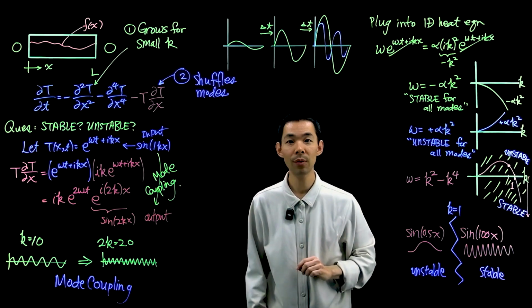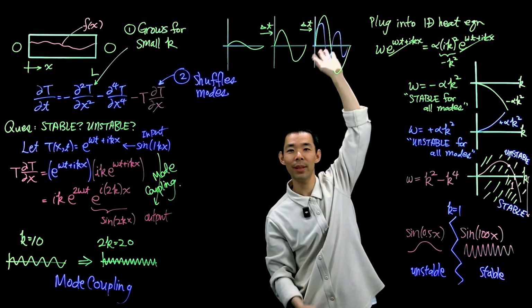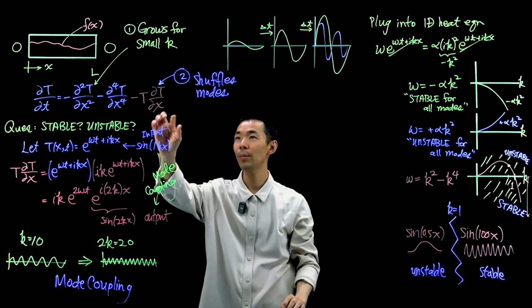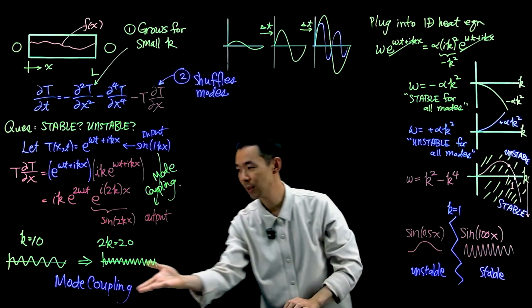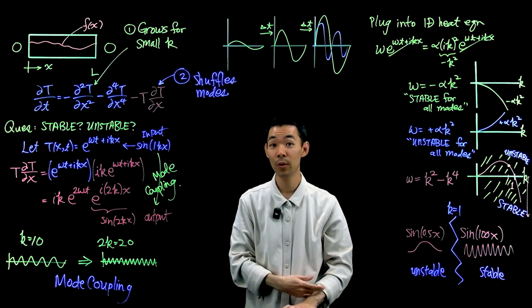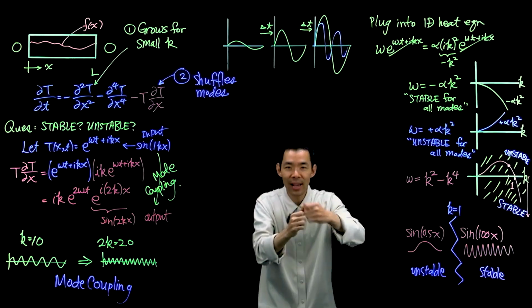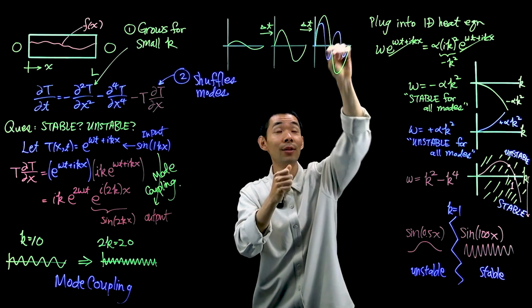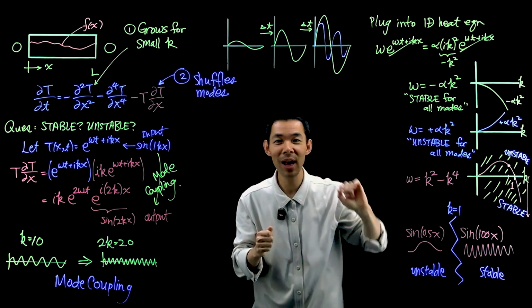So step two is now that this negative viscosity has upped the magnitudes of the temperature and the slopes, this nonlinear term kicks in and shuffles the modes. That's this right here. It takes in one frequency, pops out a higher frequency. Mode coupling, shuffling of the modes. But as it continues to fracture more and more of these to higher and higher frequencies, what happens?